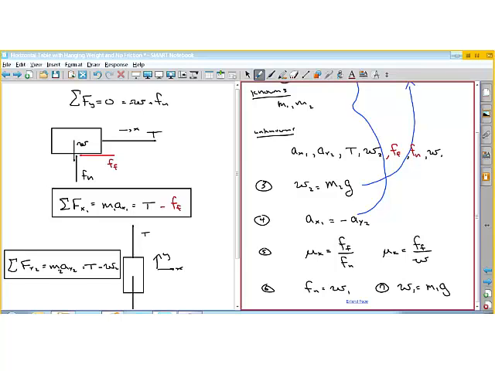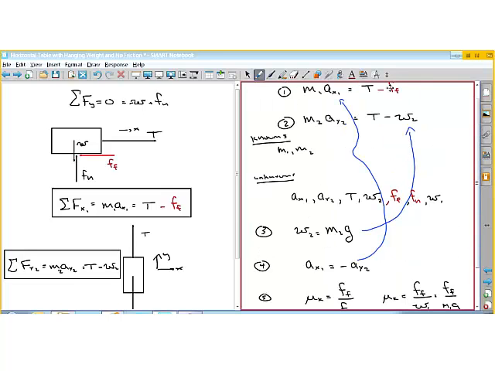So actually I could substitute that into here and then substitute it there. So this becomes friction force divided by M1 times G. And then if I solve for the friction force from here, I can substitute that into here.